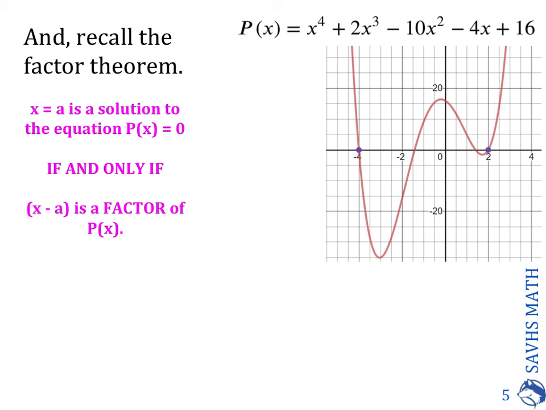Okay, so I just wanted to review one more time the factor theorem, which says that if you have a solution to an equation that says polynomial equals 0, then you can rewrite it with a factor. So you can say, hey, look, I know x equals negative 4 is a solution to the equation p of x equals 0. So p of negative 4 equals 0. And if you don't believe me, you can put it in for x here.